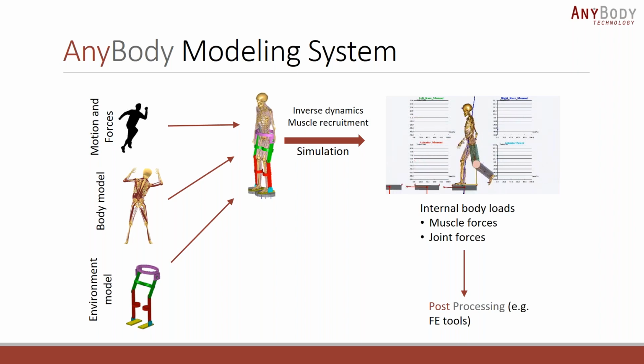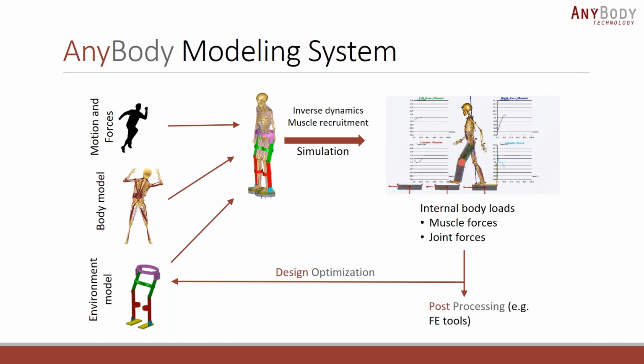Now, these forces may be the end products that you're looking for, or you can pass them on to other post-processing tools such as FE software. Or in some cases, you may actually want to optimize the design of your environment so that you get some favorable biomechanical outcome for the person wearing it.